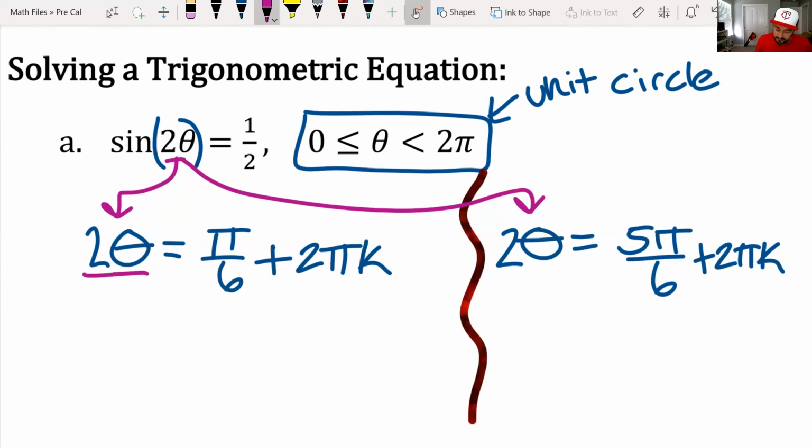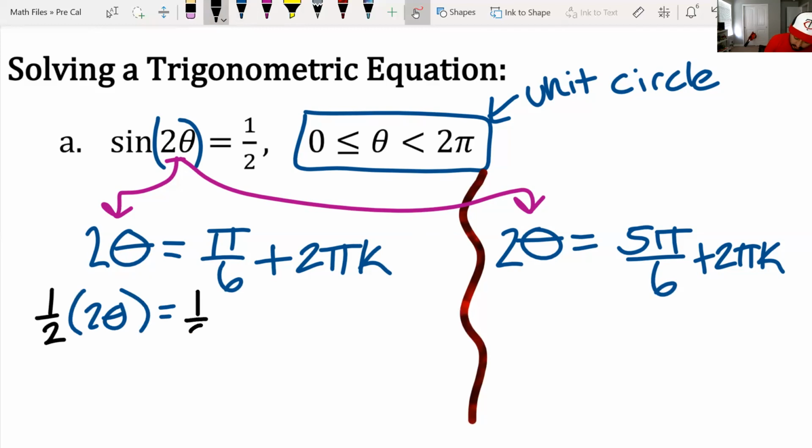If you want to make it neat, I could say 1/2 times 2 theta equal to 1/2 times pi over 6 plus 2 pi k.